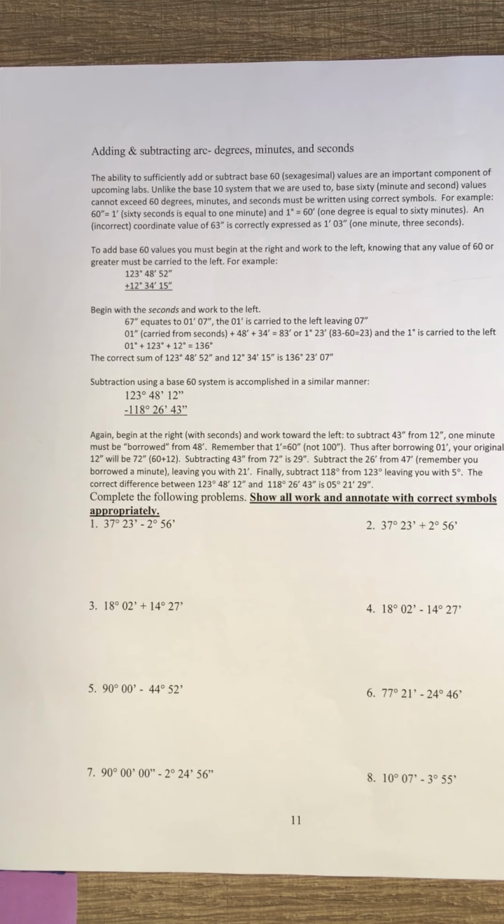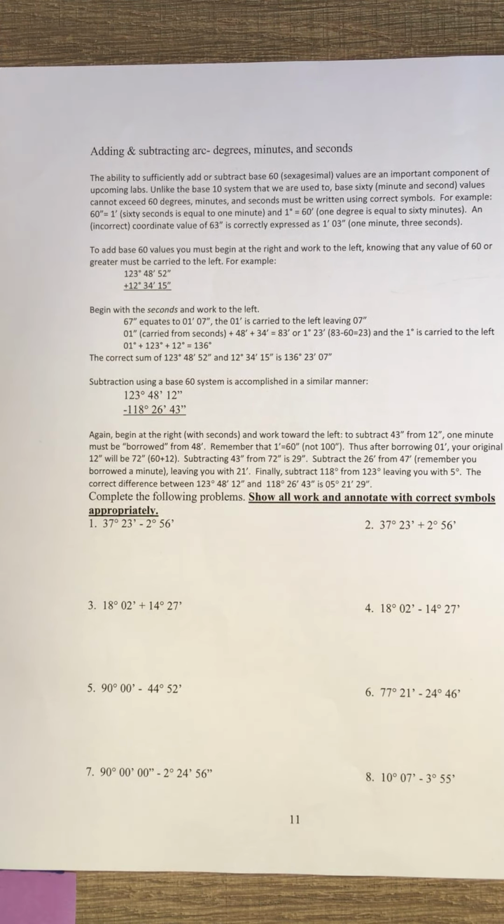Okay, so at this portion of the lab, what we're going to be doing is adding and subtracting arc degrees, minutes, and seconds. Degrees, minutes, and seconds, as you've been reading and seeing through the other lectures, are various ways of defining coordinates on the Earth.